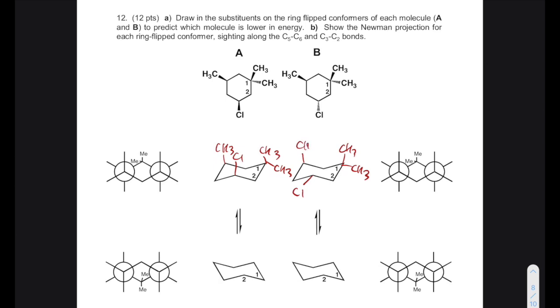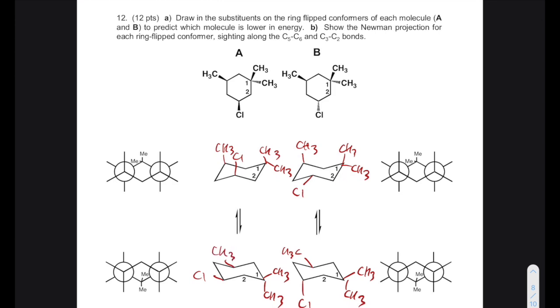Methyl here is axial. If we then compare the chair-flipped form, we see at the 3 position, chlorine is down and methyl is up. And here again, we have chlorine that is up and a methyl that is up.